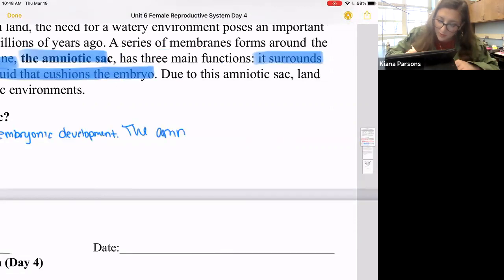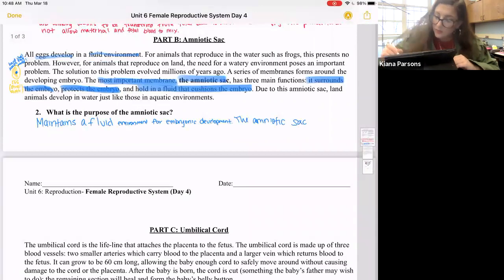And again, this is right from the text. The amniotic sac surrounds the embryo, protects the embryo, and holds in a fluid that cushions the embryo.